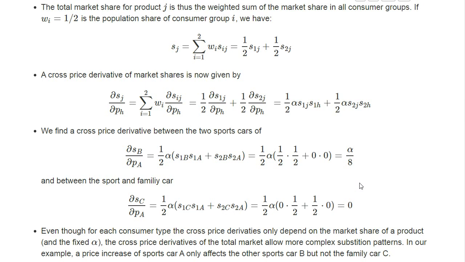So this means even though for each consumer type we have this very simplistic formula for the cross price derivatives, by assuming that we have different consumer types, so one consumer type who really likes sports cars, the other who really likes family cars, we can get nice, complex, flexible substitution patterns with respect to the total market shares. In particular, we can now model the effect that a price increase in the sports car has a bigger impact on the other sports car than on a family car.